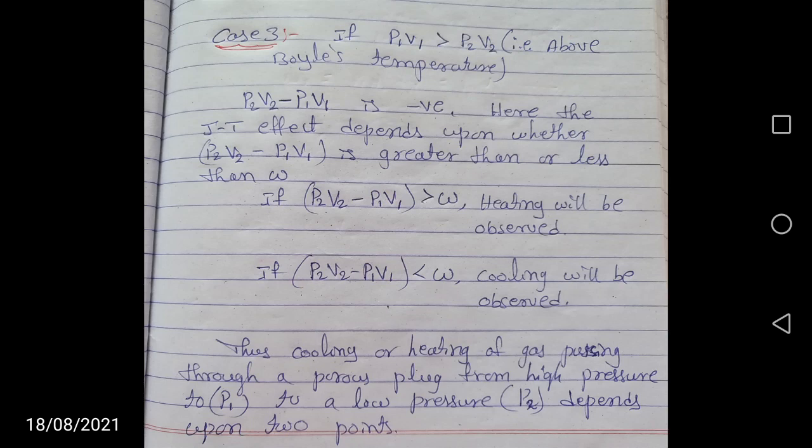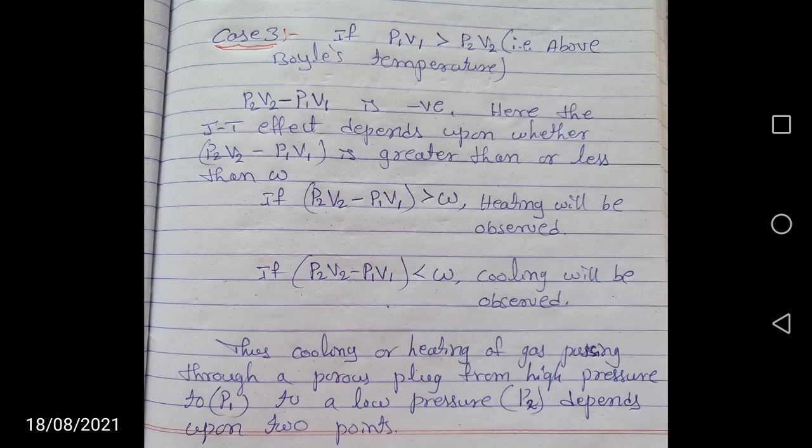Here the Joule-Thomson effect depends upon whether the difference between P2 V2 and P1 V1 is greater than or less than the work done by the gas in overcoming the intermolecular force of attraction.